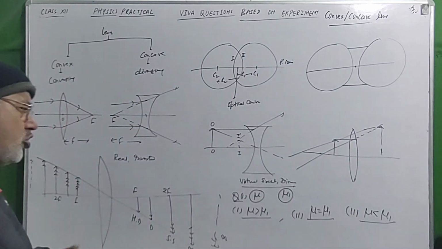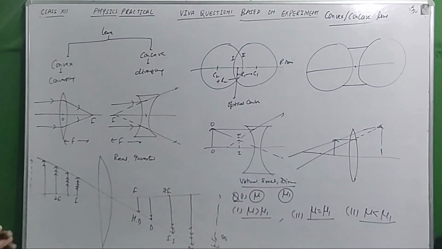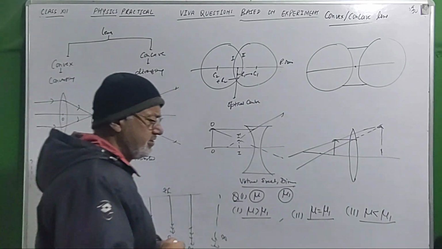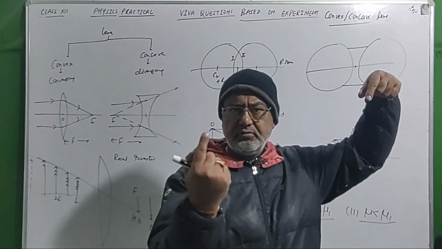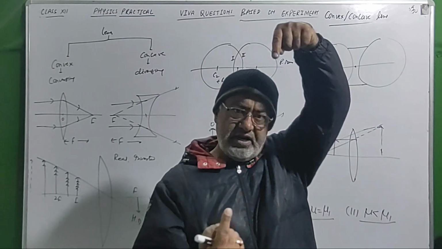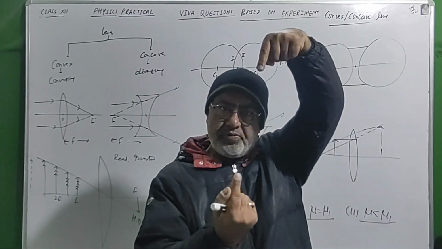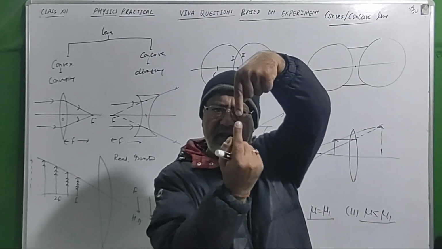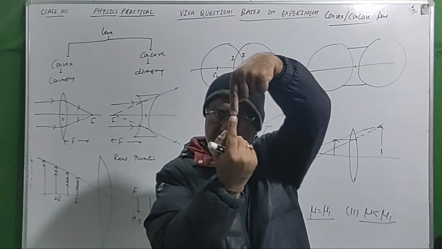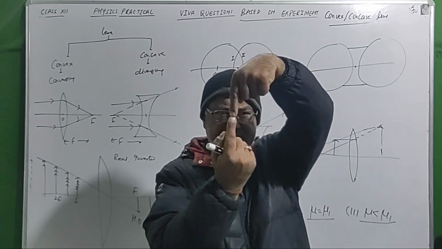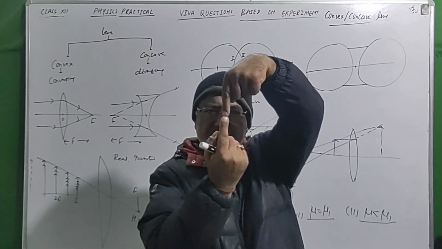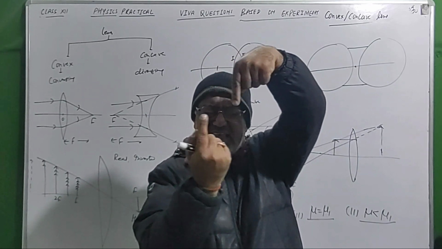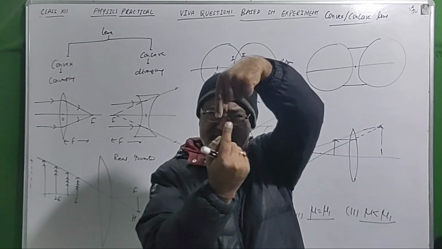A very important question arises: what do you mean by parallax, and how do we remove it? Sit here. This is the object pin and this is the image pin. The image is formed like this. When we move our eyes like this, if the image moves, this is parallax.